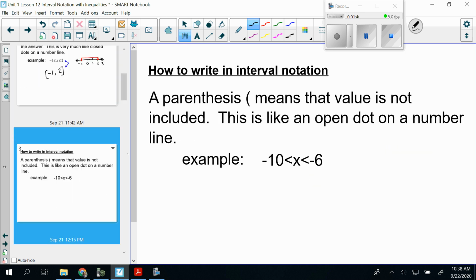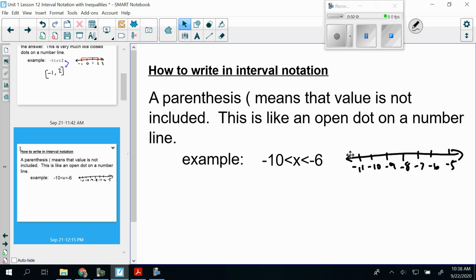All right, a parenthesis means that the value is not included. This is like an open dot on a number line. So again, if we were to graph out this inequality here, it's the numbers from -6 to -10, not including those endpoints.